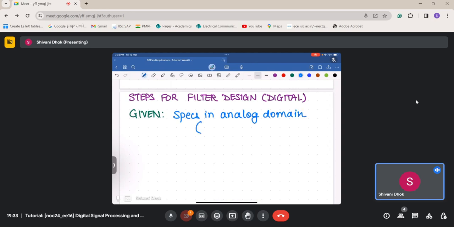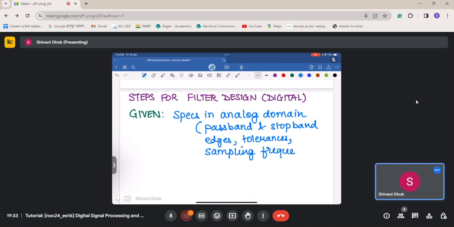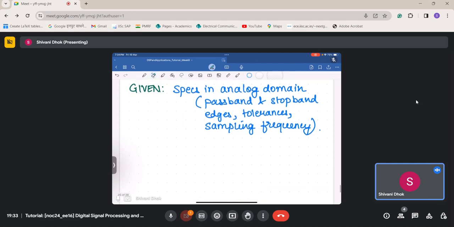This includes passband and stopband edges and tolerances, and importantly the sampling frequency. Okay, this is given to us.